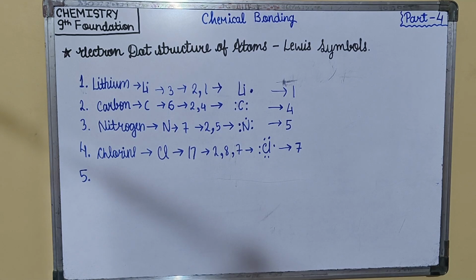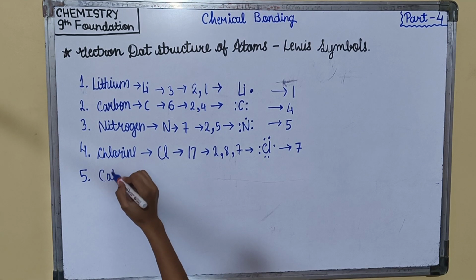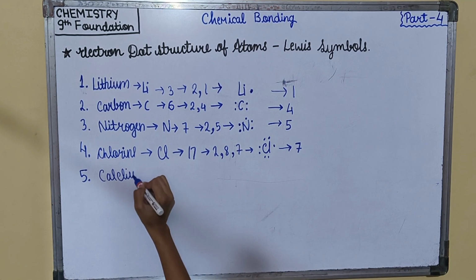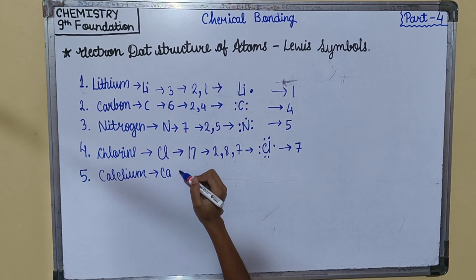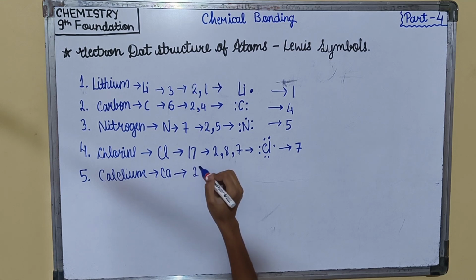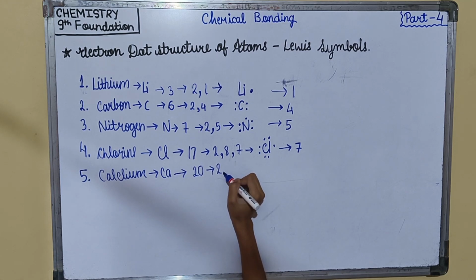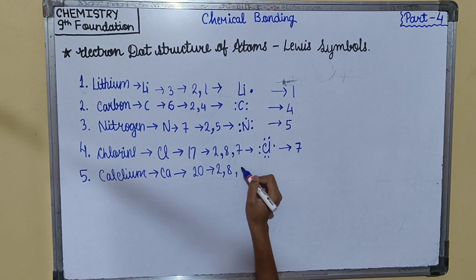Fifth one is calcium. Calcium, 20 is the atomic number. Electronic configuration is this.